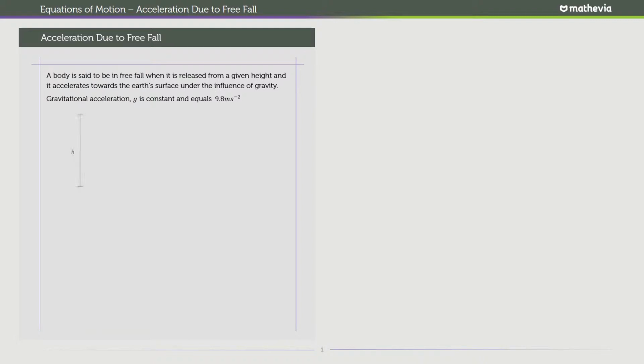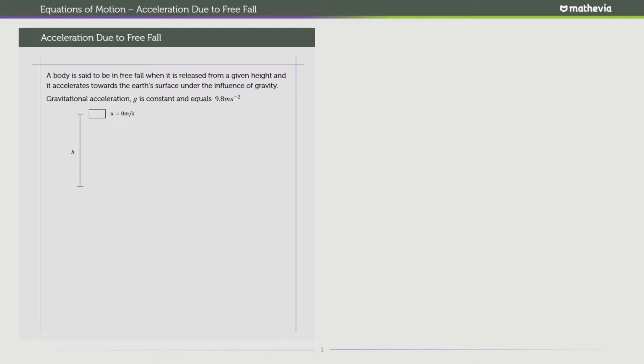And basically you have a given height, and you have this body, and you're looking to drop this body. Now if you drop this object, its initial velocity is zero, okay, because you're just dropping it. You're not applying any force, you're just dropping it.